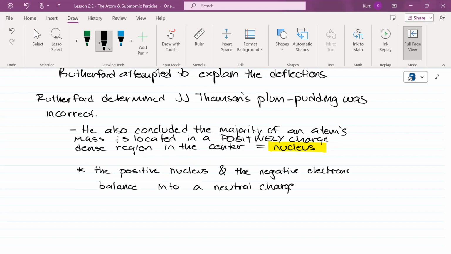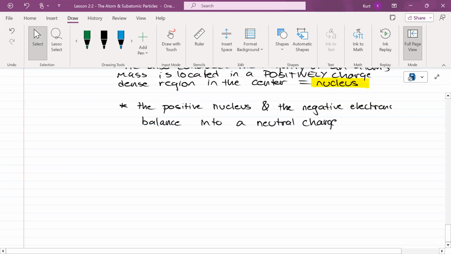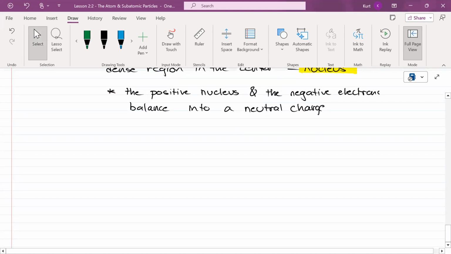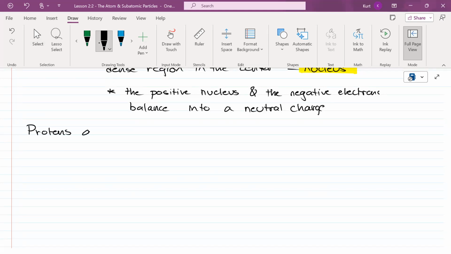So guys, we've done electrons now. We've done the nucleus, but as some of you may know, the nucleus is made of something. And that's where we're going to start to wrap things up. This is our last big topic here. Protons and neutrons.